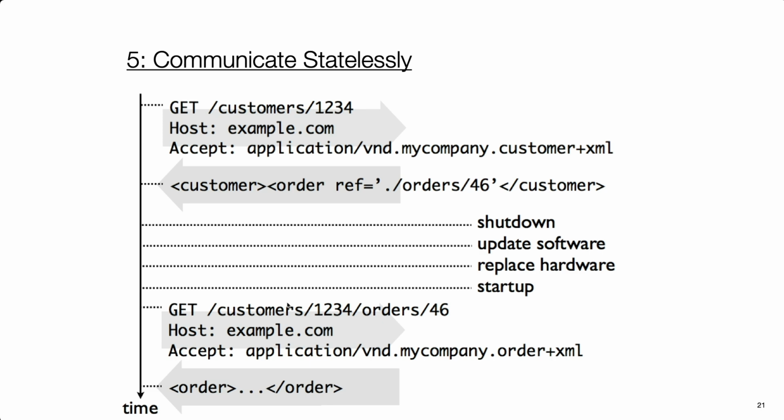Communicate statelessly. Well, this is critical, really. We would like each message we send to an API, each request and response, to be independent of any previous requests. So if we're interacting with an order system here, we don't care if between one API request and the next, the entire system has been shut down, updated, replaced, started up again.